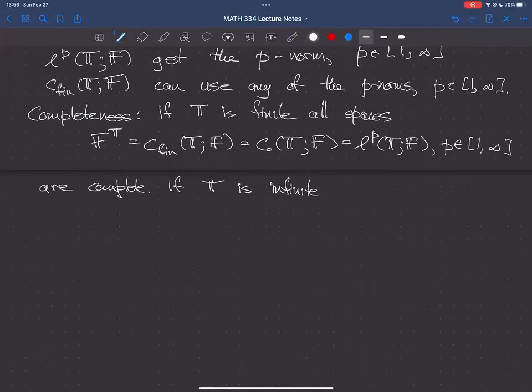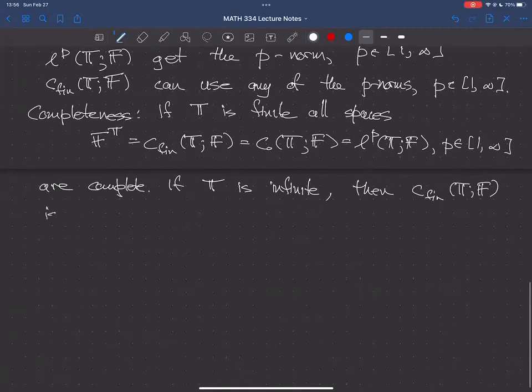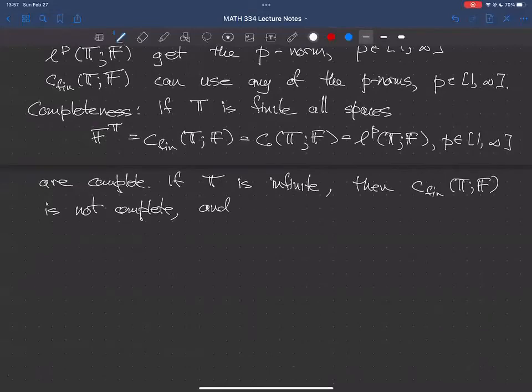All right, so let me record those facts. If T is infinite, then c finite is not complete, and its completion in the infinity norm is little c0, just like in the case of sequences.